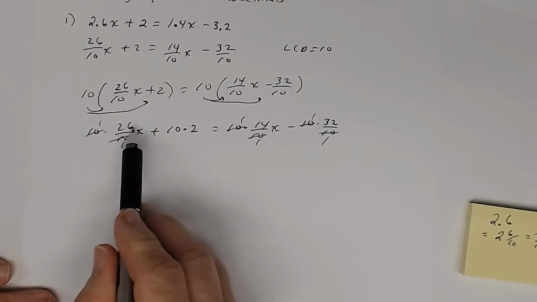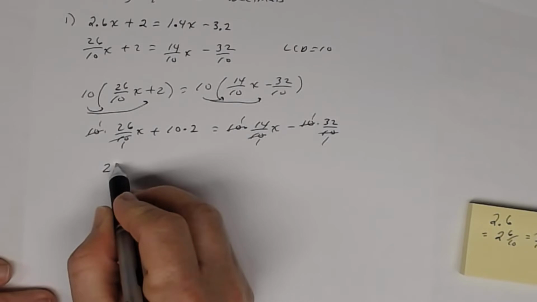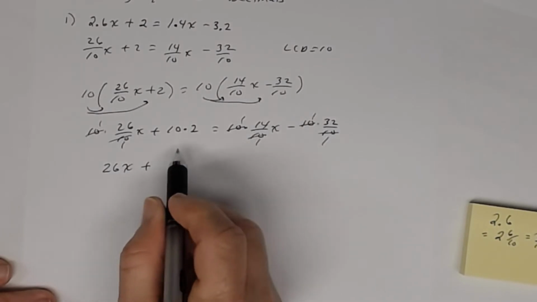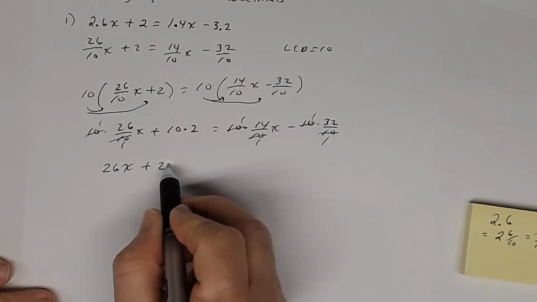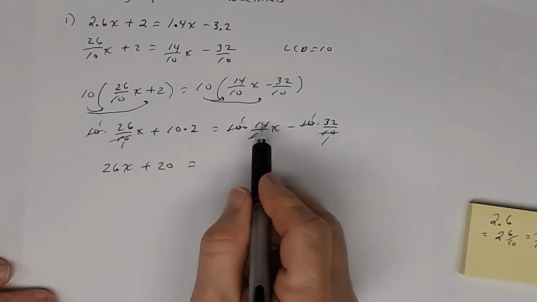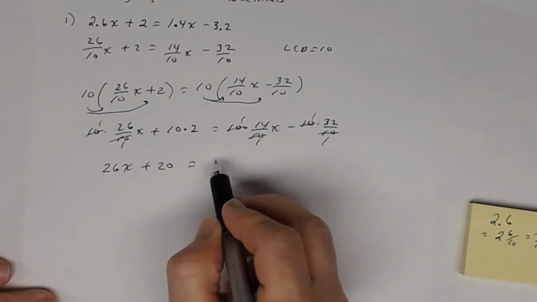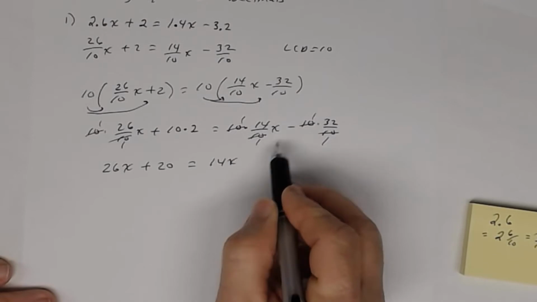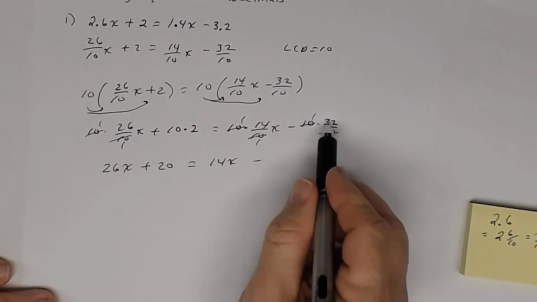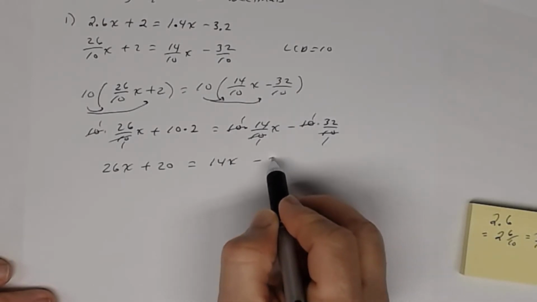So 1 times 26 times x is 26x, plus 10 times 2 is 20, equal 1 times 14x is 14x, minus, and then 1 times 32 is 32.